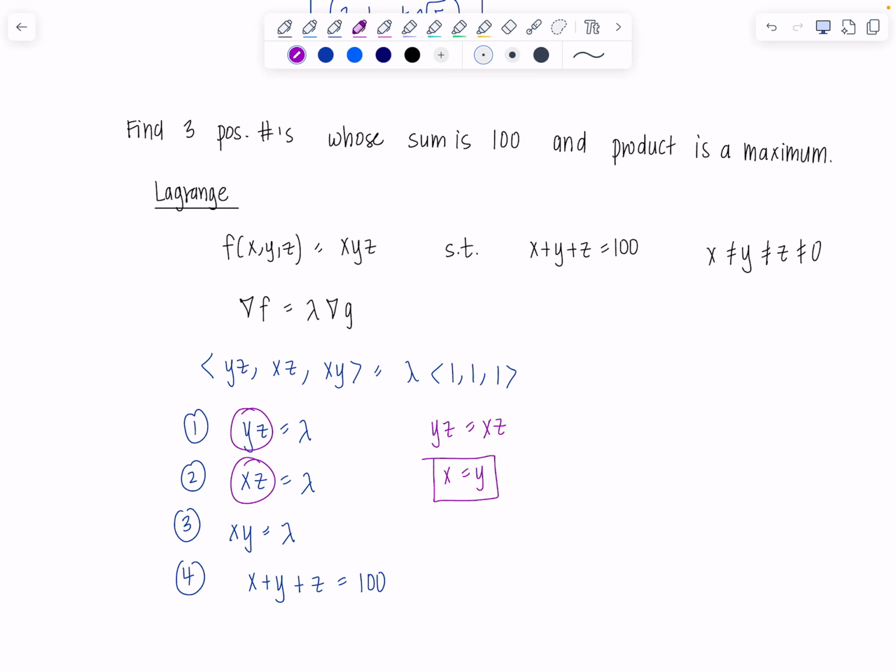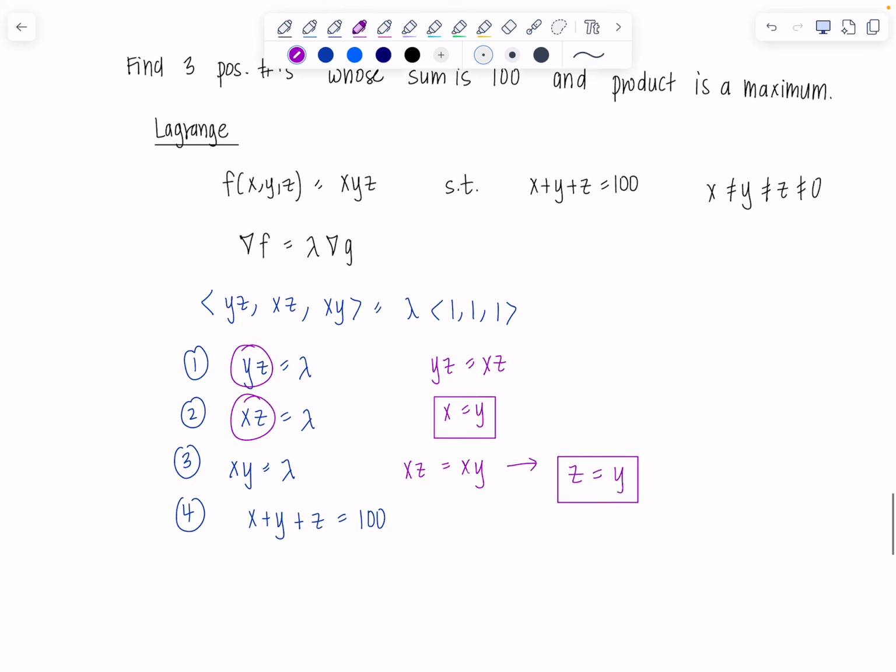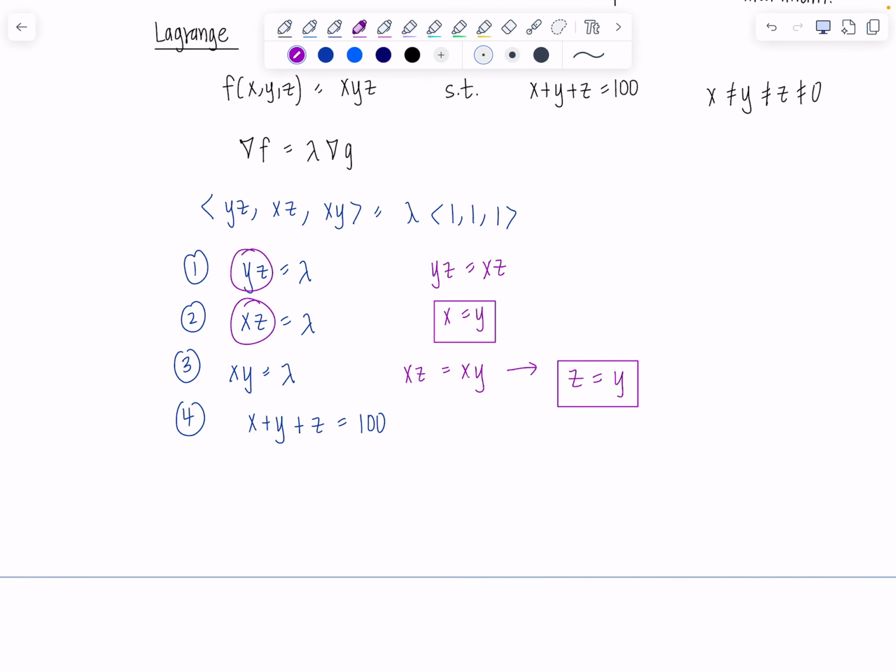Then let me do the same thing with 2 and 3: xz equals xy, so z equals y, which equals x. So then I can say x, which is y, plus z, which is y, is 100. So y is 100 over 3, and that's what x and z are.